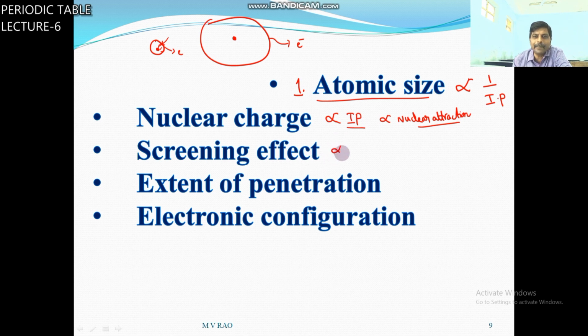Next, if the screening effect is more, then it is easy to remove an electron. Penetrating power is directly proportional to IP, screening power is inversely proportional. So the factors are nuclear charge, screening effect, extent of penetration, and electronic configuration.